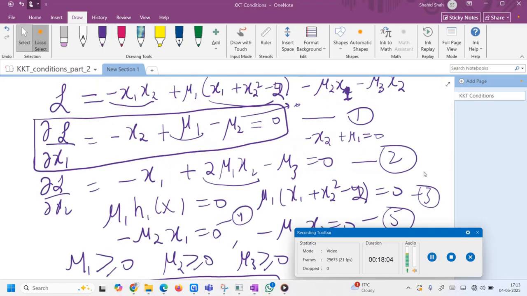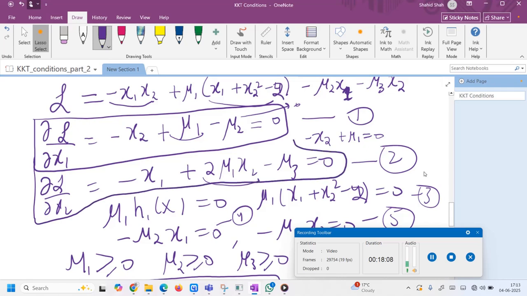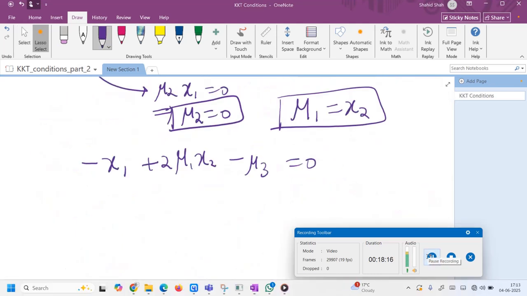Now let's take another equation which we get from the KKT conditions, which is minus x1 plus 2 mu1 x2 minus mu3 equal to 0. Now we can substitute the values. So it is minus x1.